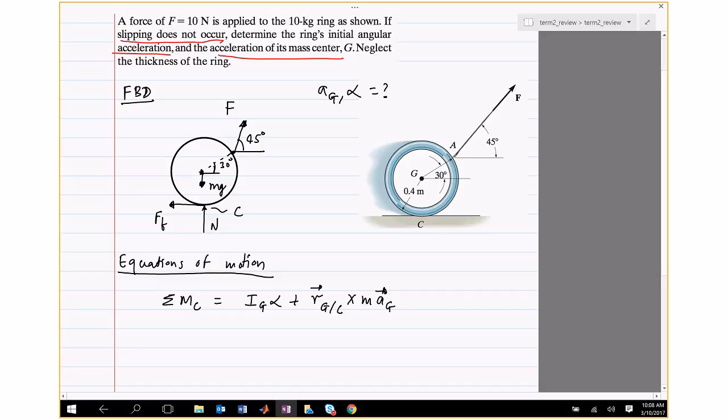What I have here looks like a scalar equation, but this is a vector equation, right? Really, the reason I wrote it that way is because you have to interpret this as a scalar eventually. So you take the cross product and you see that it will be either in the plus k direction, which is upwards, or it could be minus k. So ignore the k, because you're only interested in the scalar part of the equation.